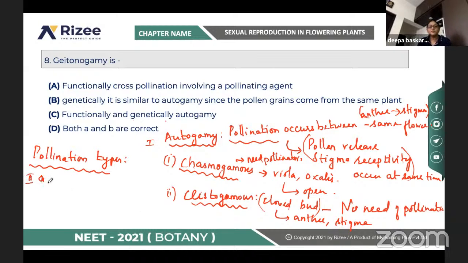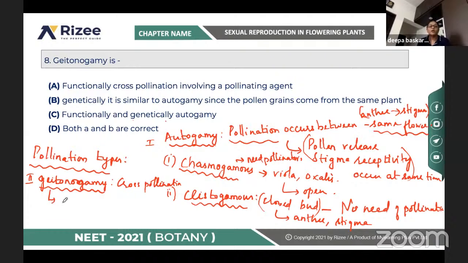The second type is geitonogamy. So here, what is the difference between geitonogamy and autogamy? This is otherwise called cross-pollination. In autogamy, a single flower is involved in the pollination process.